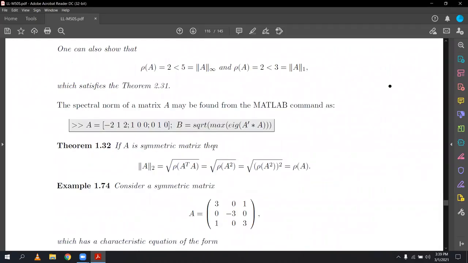And this is the condition for the symmetric matrix. If the matrix is symmetric, then the A2 norm is simply the value of what? The spectral radius. These are the things we finished last time.